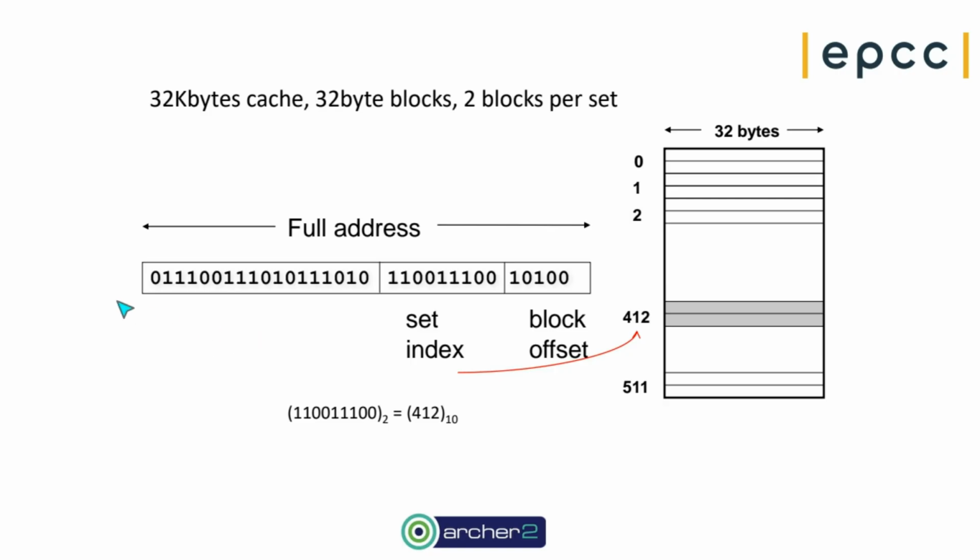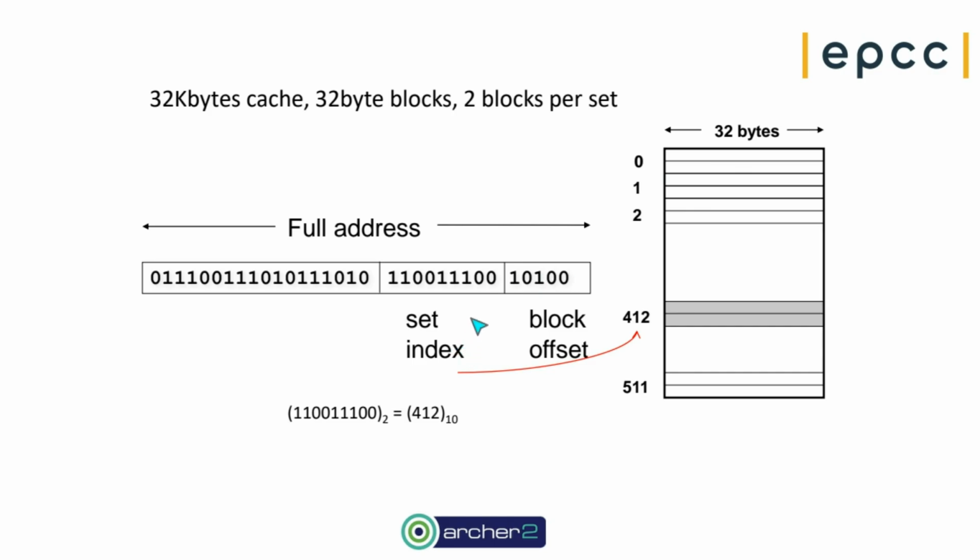So if the CPU loads data stored at this address, then when it's fetched from memory, we strip off the last bits. This is most significant to least significant bit from left to right. Because the block size is 32, which is 2 to the 5, we basically ignore the last 5 bits in the address, because they just tell us which word in the block is being accessed.